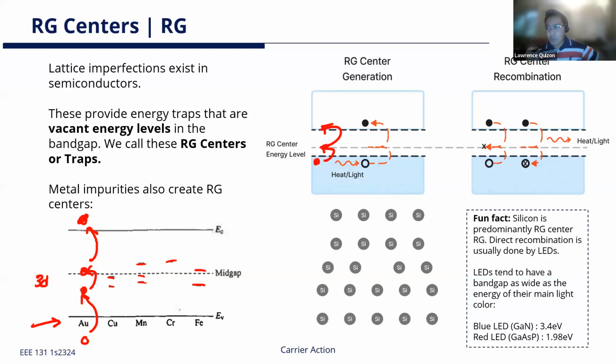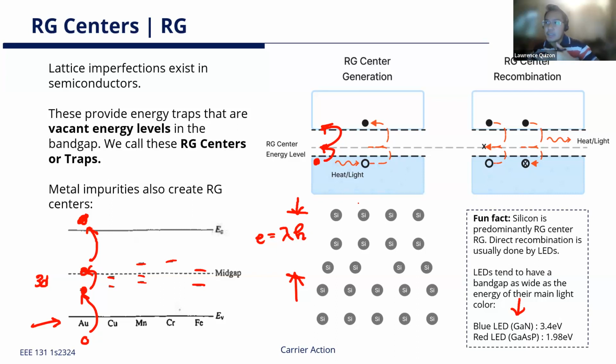So this is the predominant manner in which silicon creates carriers, no? Now, if this is what silicon uses, who uses direct recombination and direct generation? That's usually done by LEDs, no? The exciting thing about this is that for the semiconductors we use for LEDs, the band gap is almost exactly as high as the energy of the photon, the color of light that it creates, no? Because that's what Planck's constant is, right?